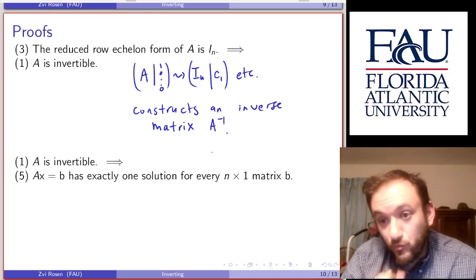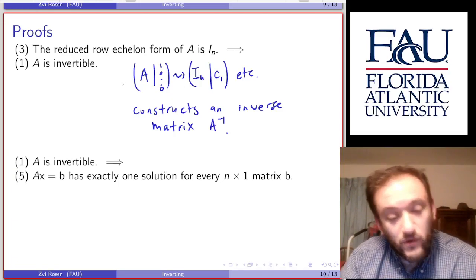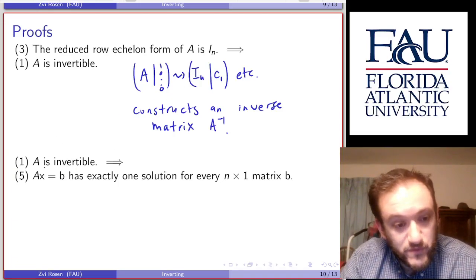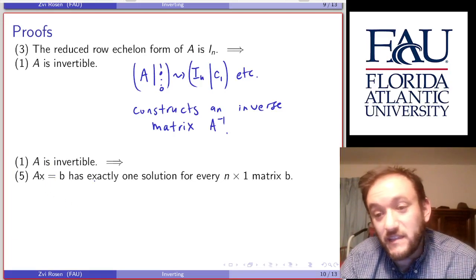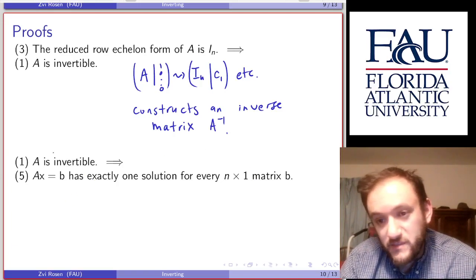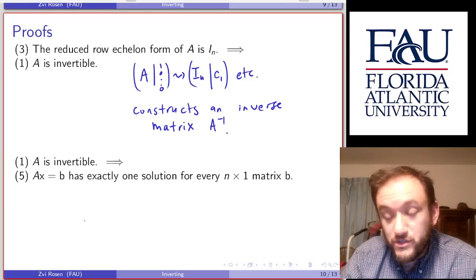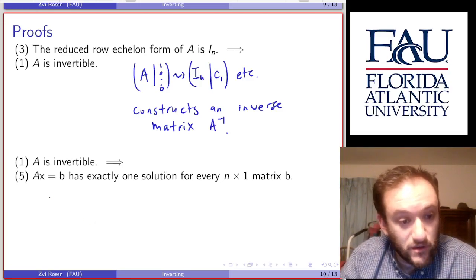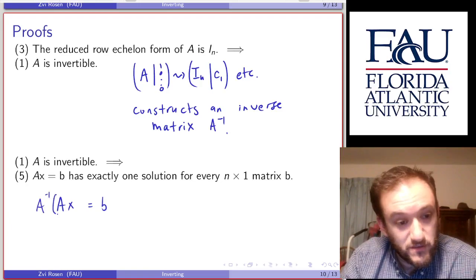To go through 1 implies 5 implies 4 implies 1, we're going to start with the fact that A is invertible, and we want to conclude that Ax equals b has exactly one solution for every n by 1 matrix b. Well, it's the same proof as before for just having the trivial solution when b equals 0. You just start with Ax equals b, and then you multiply both sides by A inverse.